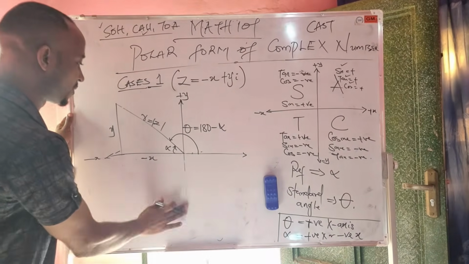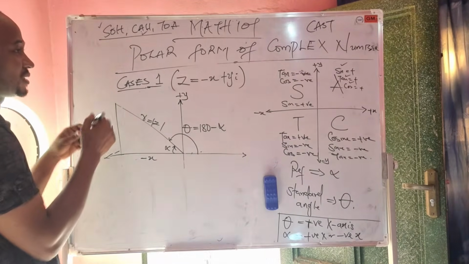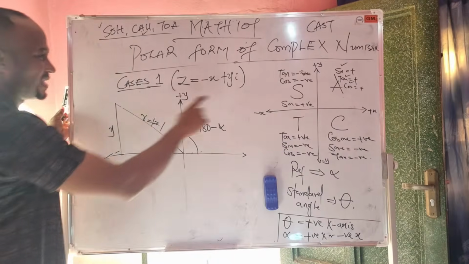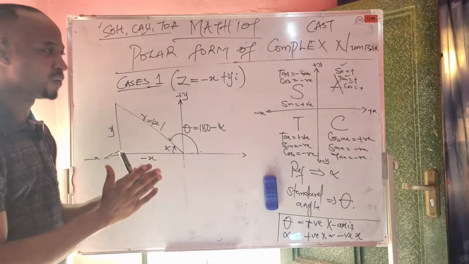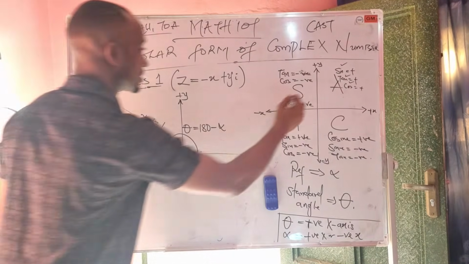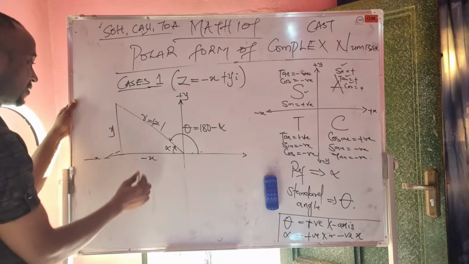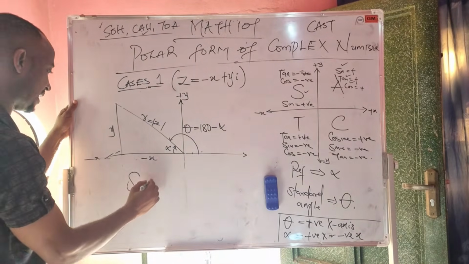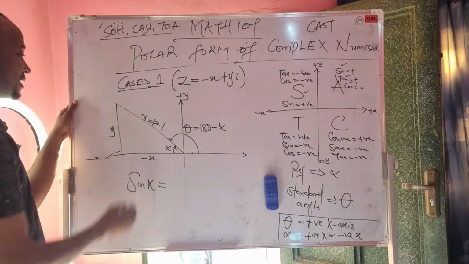Now for this, don't forget that the value of our z falls in the second quadrant, which says only sine is positive. That means the right one to use to find our reference angle will be sine. So sine alpha is opposite over hypotenuse.